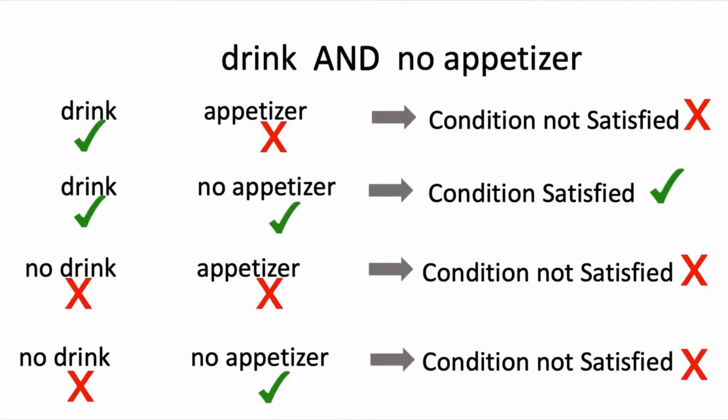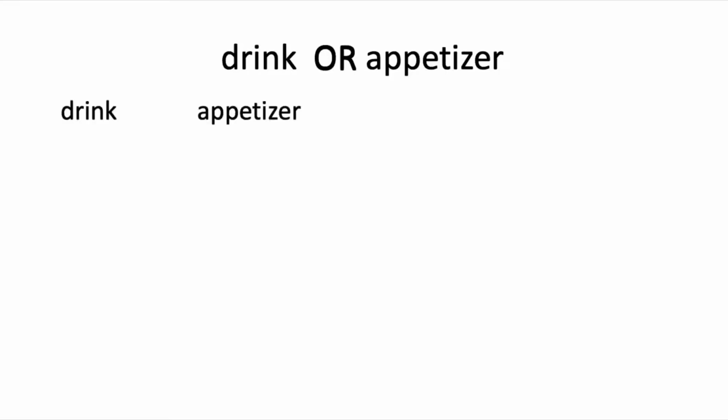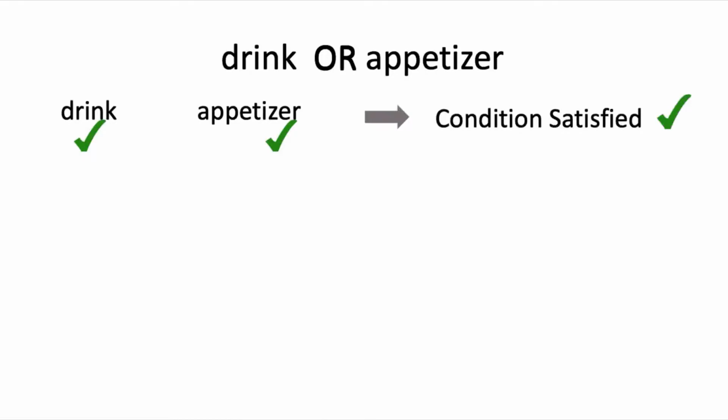Now let's discuss the OR. Imagine you have a more laid-back host and they say, bring a drink or an appetizer. So with the binary operator of OR, for the specification drink or appetizer, if you brought a drink and an appetizer, that's okay, because this OR is a lenient OR, and the condition is satisfied.